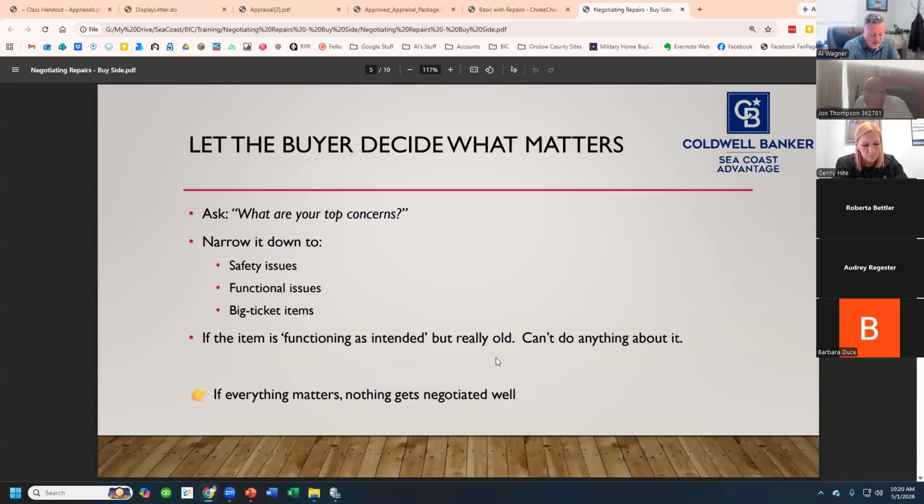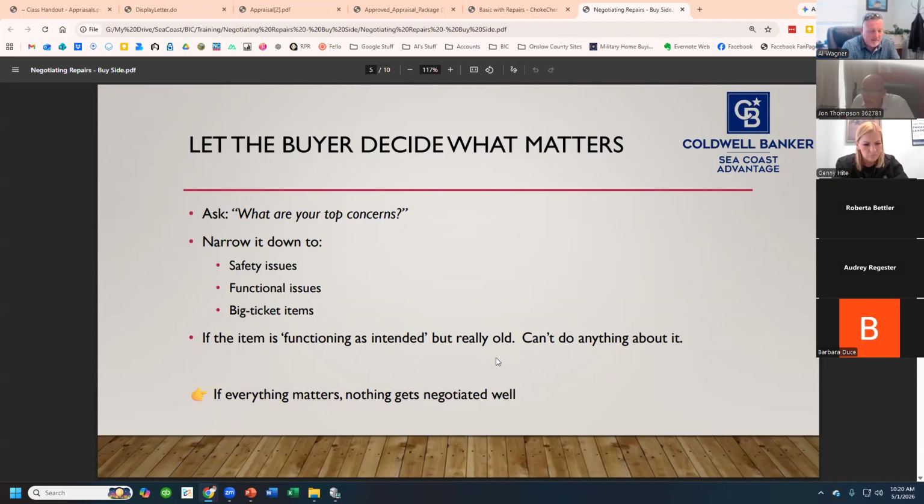Now, understand that if they come back and say that the HVAC system is at the end of its life cycle, if it's functioning as intended and it's just really old, the buyers can't do anything about it. Now, they can request that it be replaced, but as long as it's functioning as intended, the seller is not required to replace that unit just because it's old.